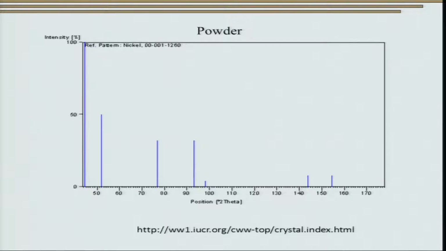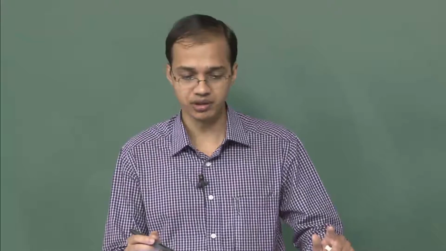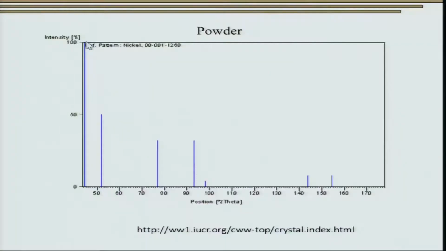Herein we can see that the different peaks show different intensity. Now, the variation of intensity is directly proportional to the structure factor of the corresponding orientations. Since we are talking about FCC nickel, we can see that the 111 peak, which has the highest structure factor and multiplicity, shows the highest peak, and the other peaks, namely the 200, 220, 113 and the remaining peaks, also show intensity in accordance with the structure factor and multiplicity calculation.